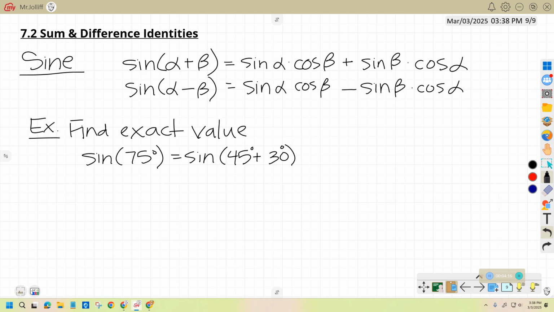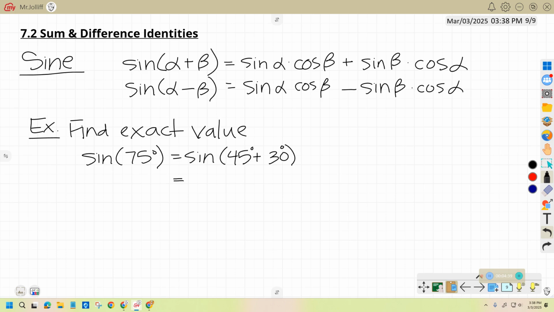30 and 45 were two of the three angles that make up that first quadrant unit circle. We have exact values for those. So I'm going to rewrite this using the sum formula, and then I'm going to evaluate those sines and cosines using the unit circle. So first, the formula.